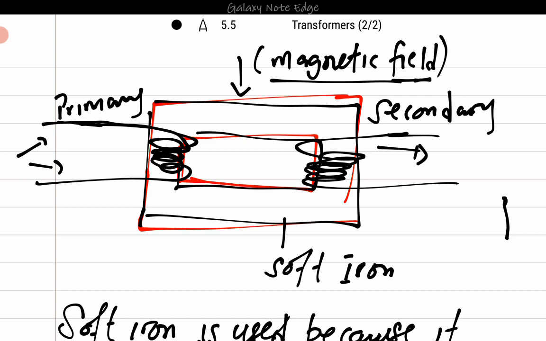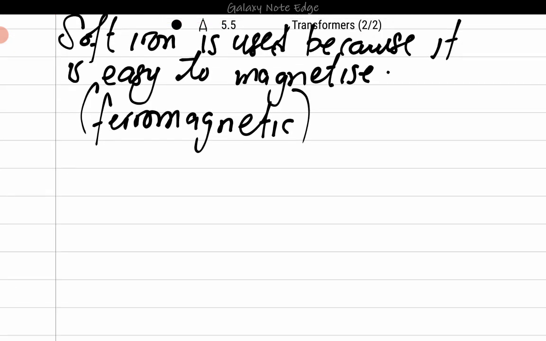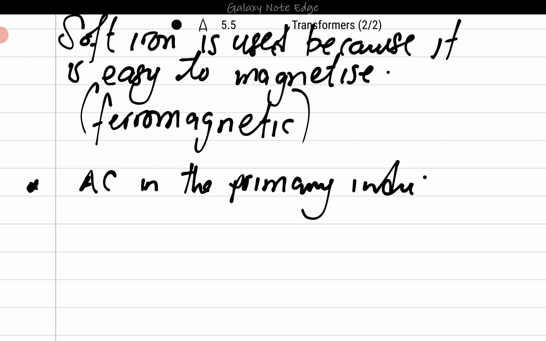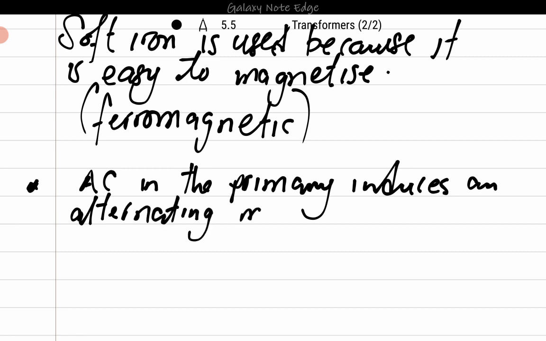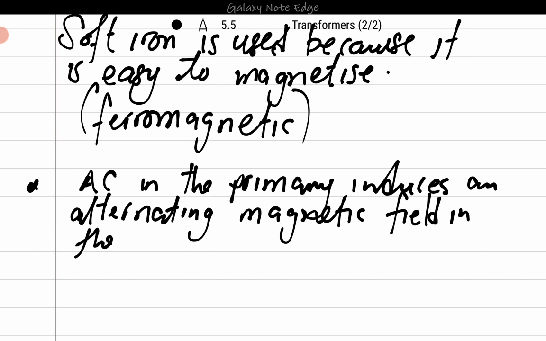So we're going to summarize this. We say AC or alternating current in the primary induces an alternating magnetic field in the soft iron core.